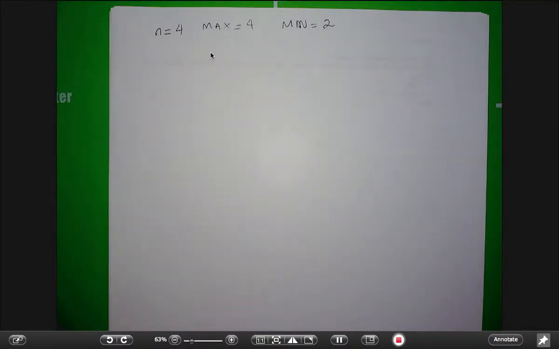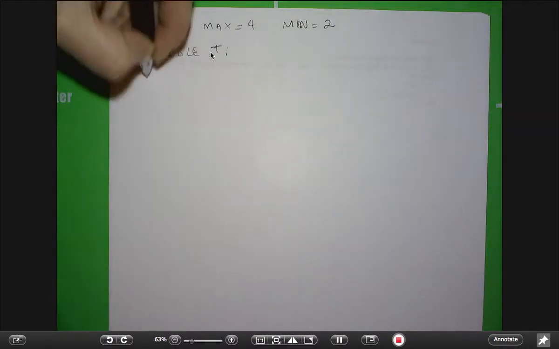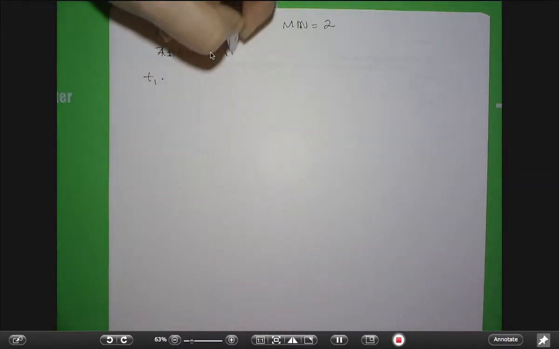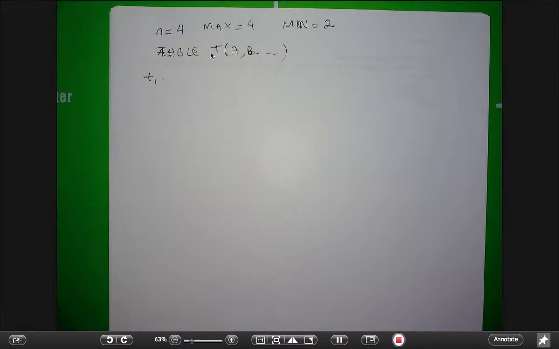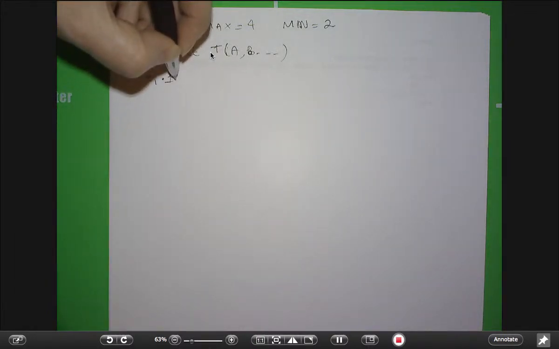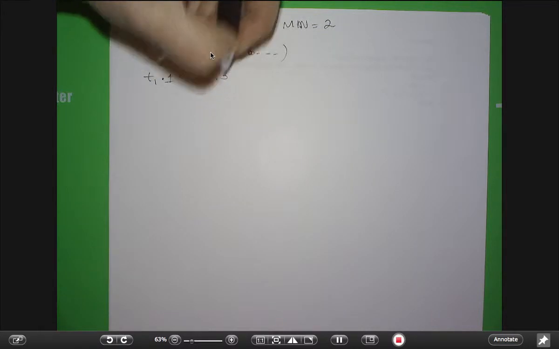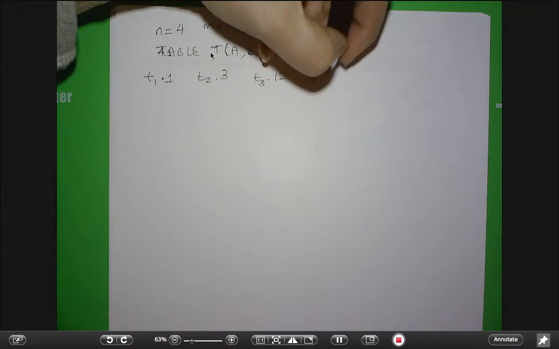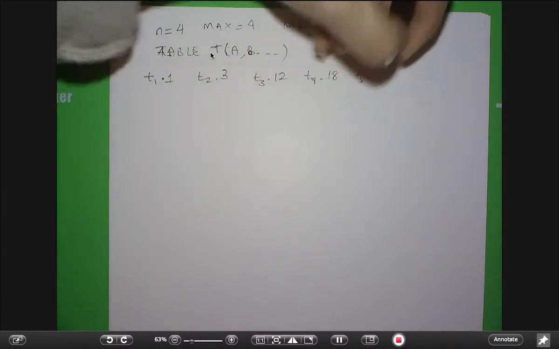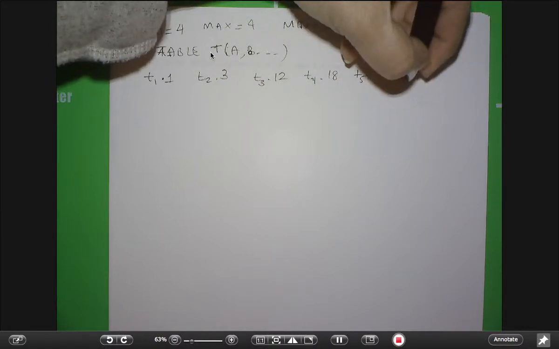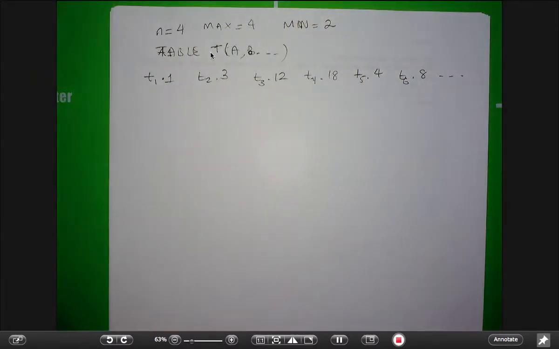am indexing a table, so let's say table T. So I have T1, and T has A and other attributes, but I'm going to only do A. So T1 has A of 1, T2 has 3, T3 has 12, T4 has 18, T5 has 4, T6 has 8, etc. Each Ti is basically the address of that tuple.